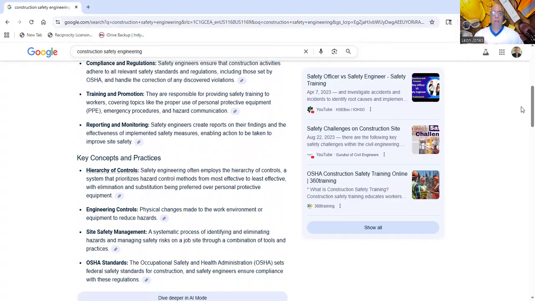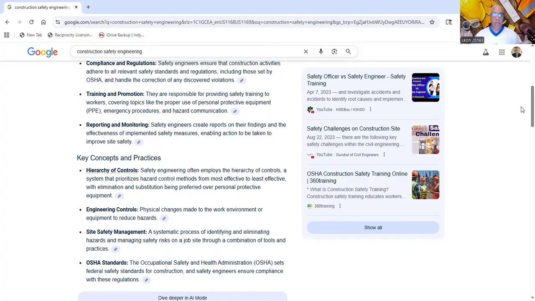Safety engineering often employs the hierarchy of controls, a system that prioritizes hazard control methods from the most effective to the least effective, with elimination and substitution being preferred over personal protective equipment.